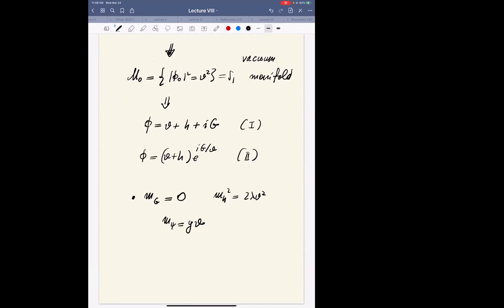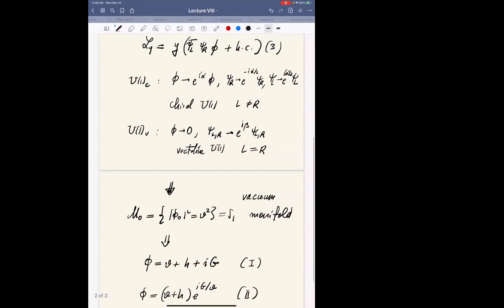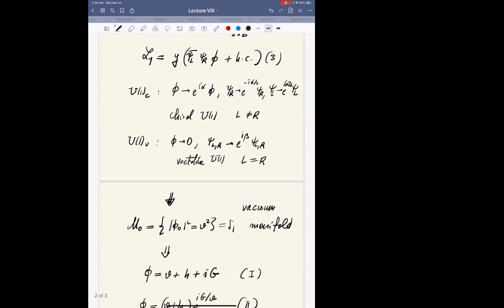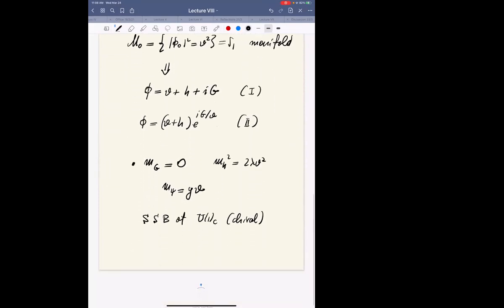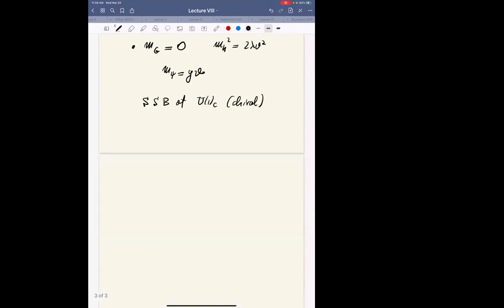We had spontaneous symmetry breaking of U(1) chiral. That is broken. The vector-like is not broken because the scalar field does not transform. φ goes to φ, not to 0. It breaks U(1) chiral, but U(1) vector-like is preserved.